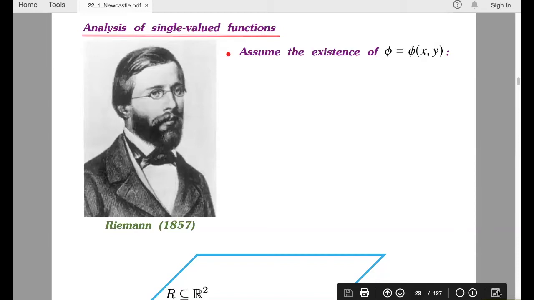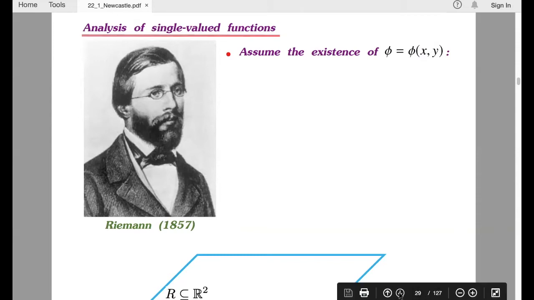Here, I want to finalize his work to the context of, say, potential theory. So let's say, as he did, assume the existence of a scalar function, and for the moment, consider that we are in the plane, okay?